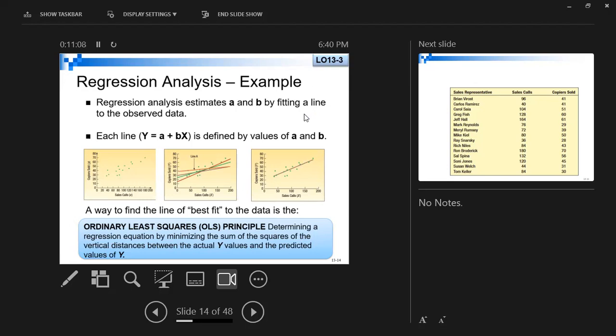And so what we do then in regression analysis is to try to fit a line right in the middle of what we call a scatter bag.